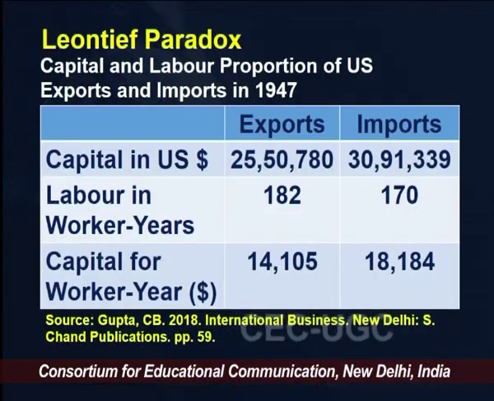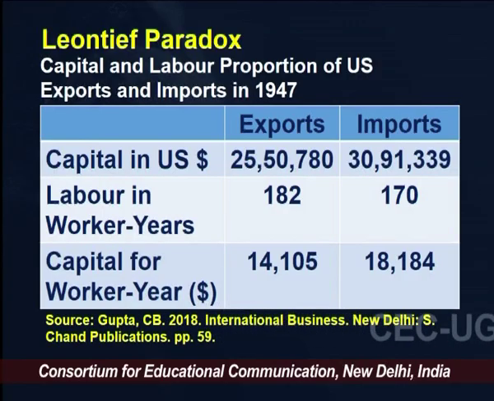So, if we see the figures in this table, this table shows the capital and labor proportion of US exports and imports in 1947. If we see the export figure, capital in the US in dollars is 25 lakh 50,780 and imports is more, that is 30 lakh 91,339. If we consider the labor in worker years, it is 182 for exports and 170 for imports.